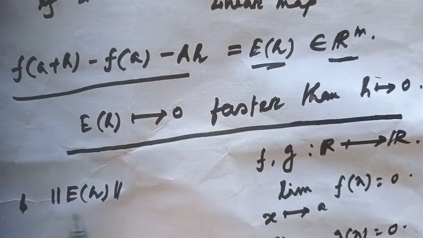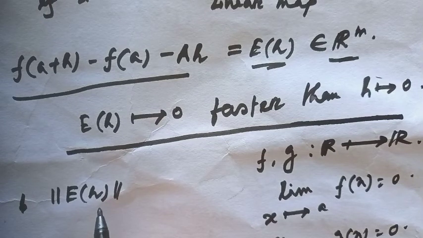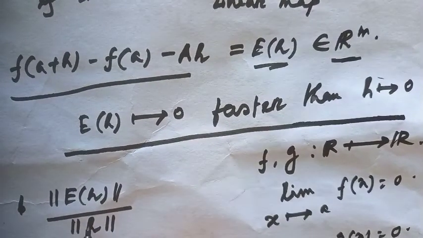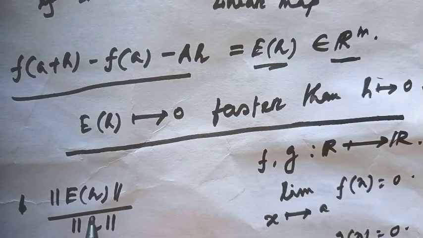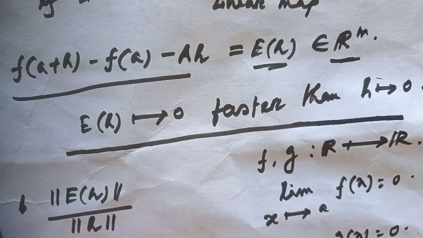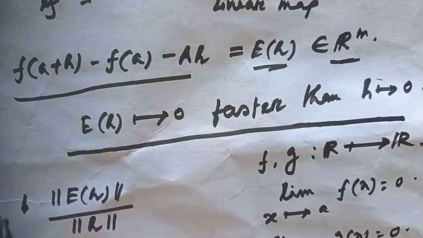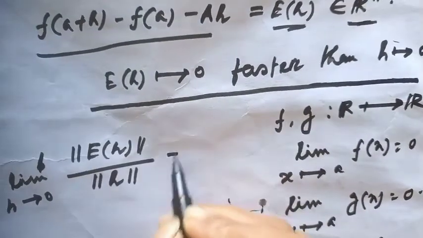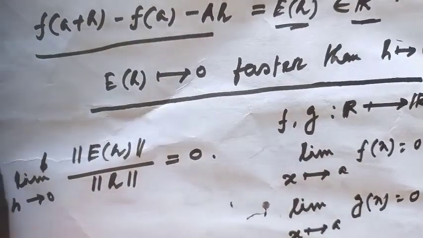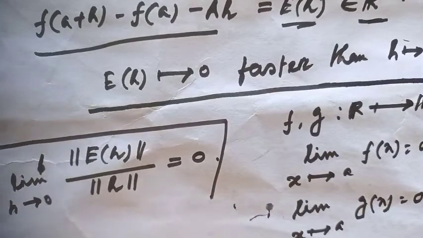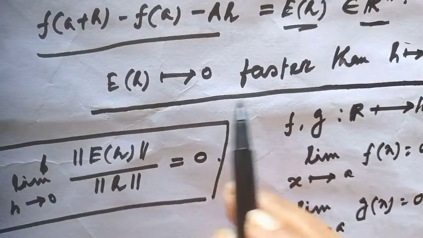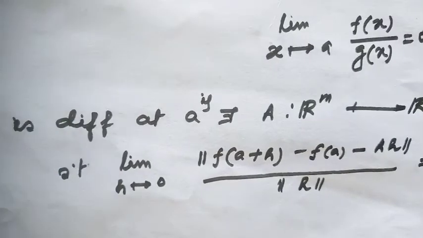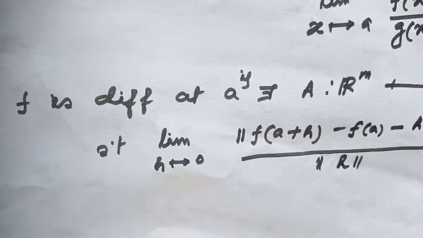That means now this belongs to the real numbers divided by norm h, and since this part belongs to the real numbers, then for this we have to prove limit h tends to 0 equal to 0. Therefore, we have to prove for this limit is equal to 0. Therefore, we have approached our original definition of differentiation.